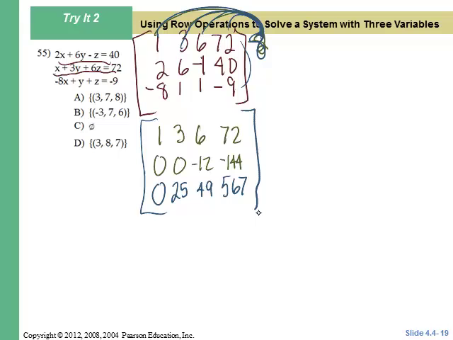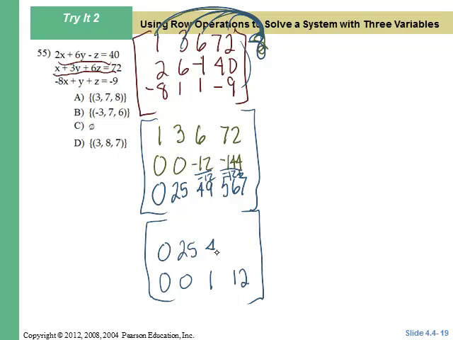Okay, let's multiply this middle row by negative 12, and make it our last row: 0, 0, 1, 12. So z is worth 12. 0, 25, 49, 567, 1, 3, 6, 72.